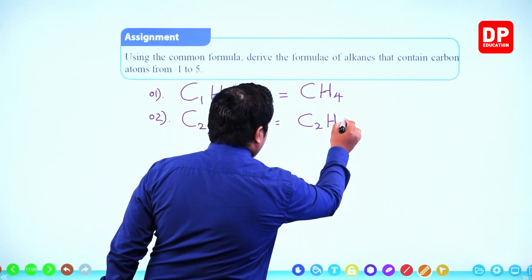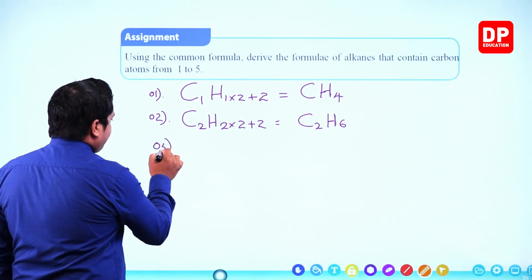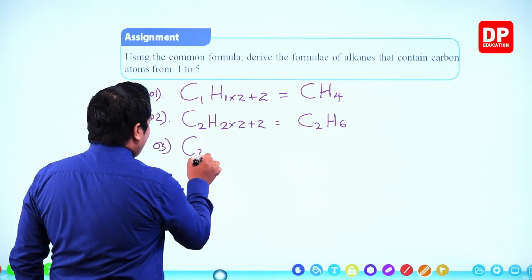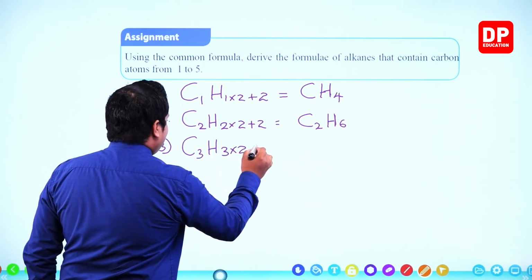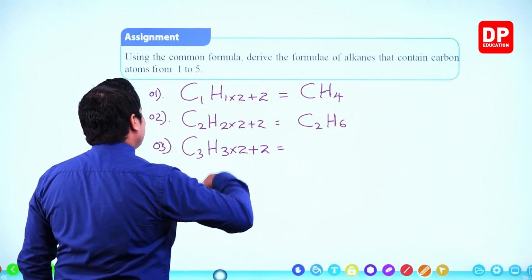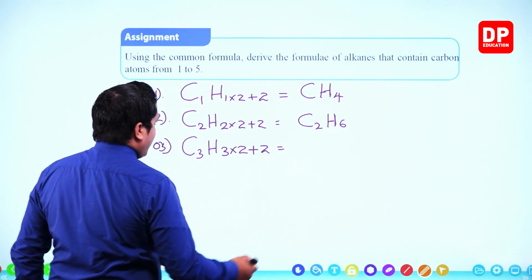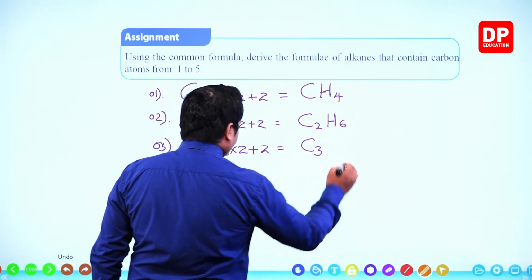This is ethane, C2H6. Then number 3, third one, carbon 3, hydrogen 3 times 2 plus 2. 3 times 2, 6. 6 plus 2 is equal to 8. C3H8.